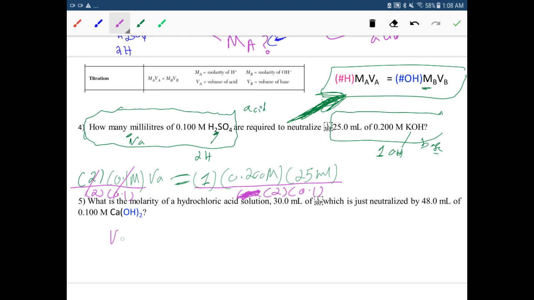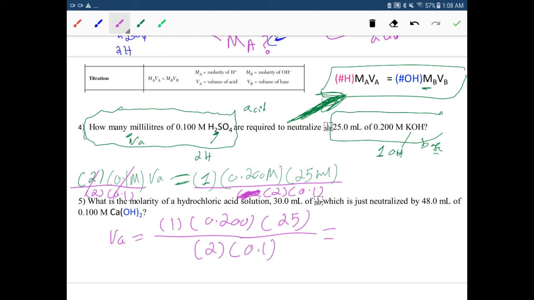VA is going to equal 1 times 0.2 times 25 divided by 2 times 0.1. And now you just plug it into the calculator: 1 times 0.2 times 25 divided by 2 times 0.1.